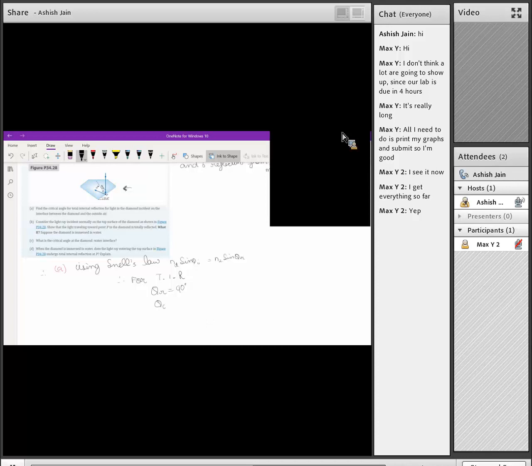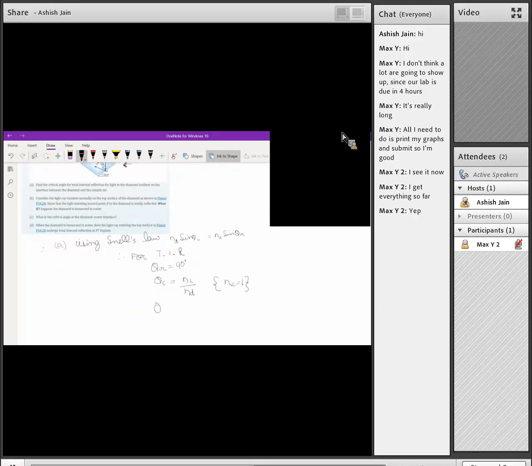Then the critical angle theta C is given by sine theta C equals N2 divided by N diamond, where N2 is 1, the refractive index of air. So sine theta C is 1 by 2.419.